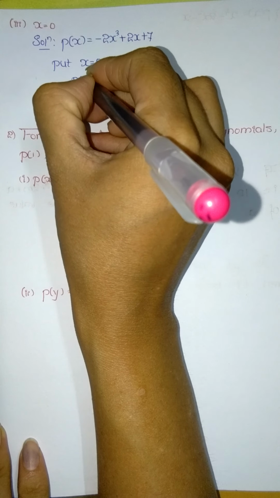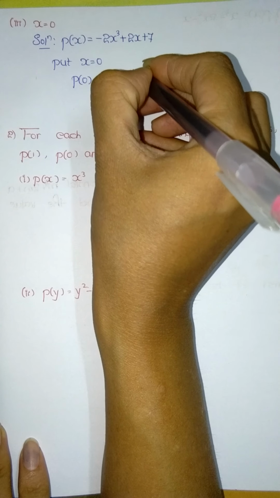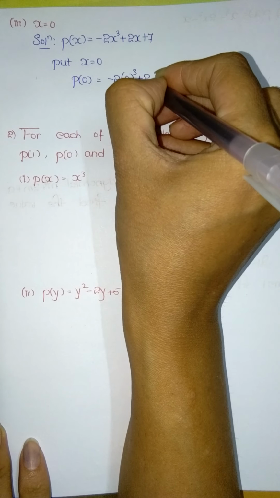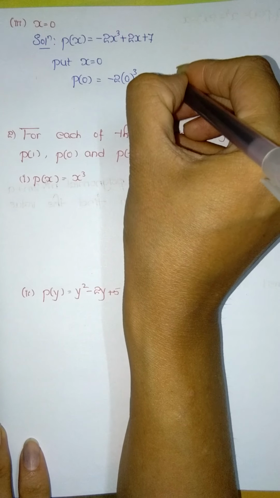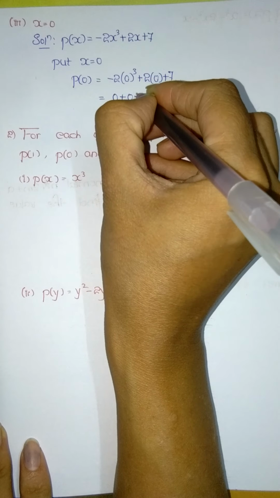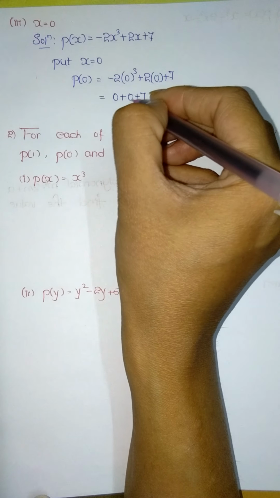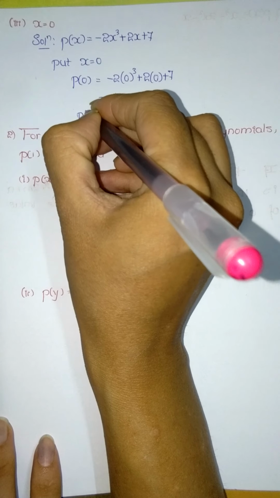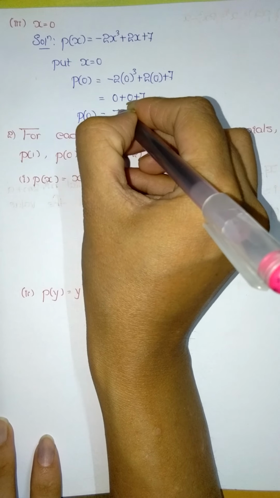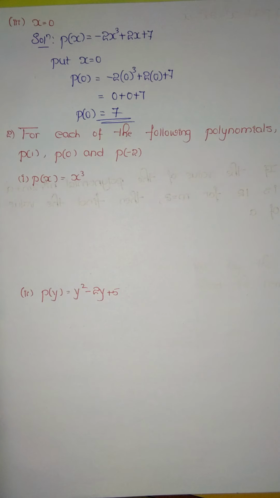So P of 0 equal to minus 2 into 0 cube plus 2 into 0 plus 7. So it becomes 0 plus 0 plus 7. So anything multiply with 0, it gives 0. So similarly here, P of 0 equal to 7. So this is the answer for question number 3. So these three are the sub question of the first one.